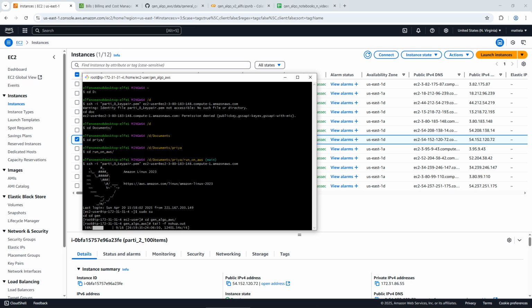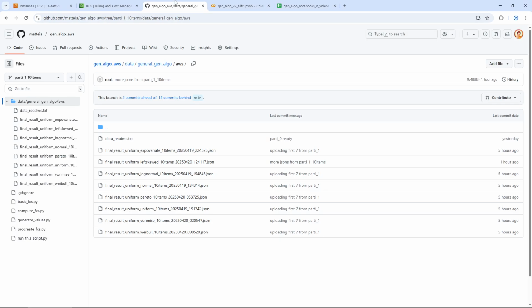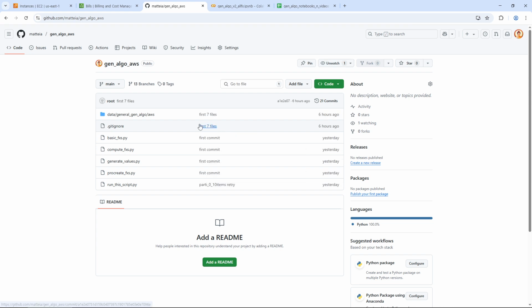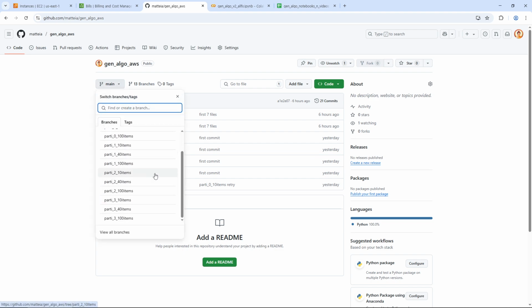So this happened. 9 out of 16 are done. They're all being stored locally on the EC2 instance. Then I have to push the JSON files to GitHub. On GitHub, because I have 12 instances, I didn't want to deal with merging all of them, so what I did was create 12 branches.